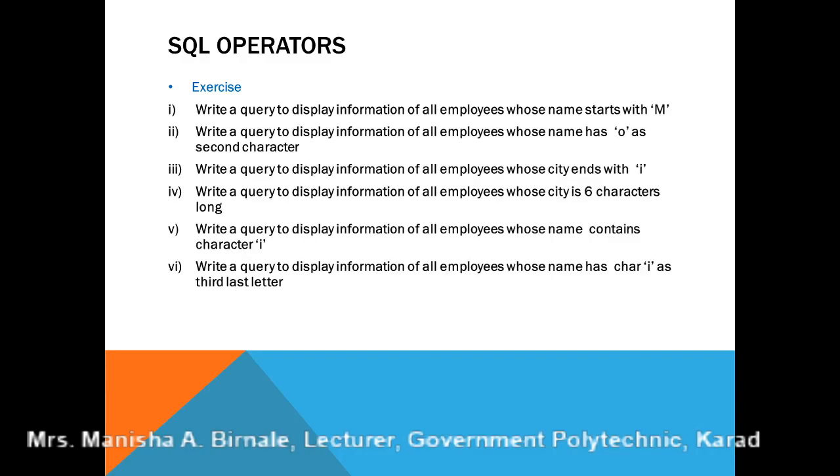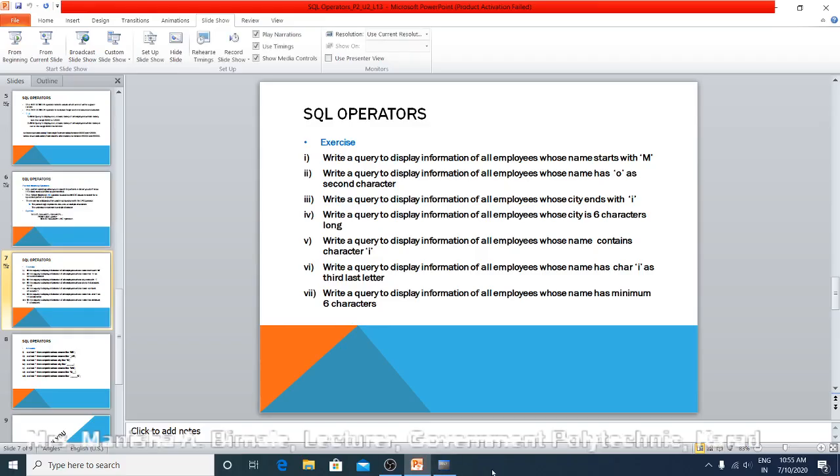Here the sixth query is write a query to display information of all employees whose name has character I as a third last letter. So let us see. Character I should be the third last letter.